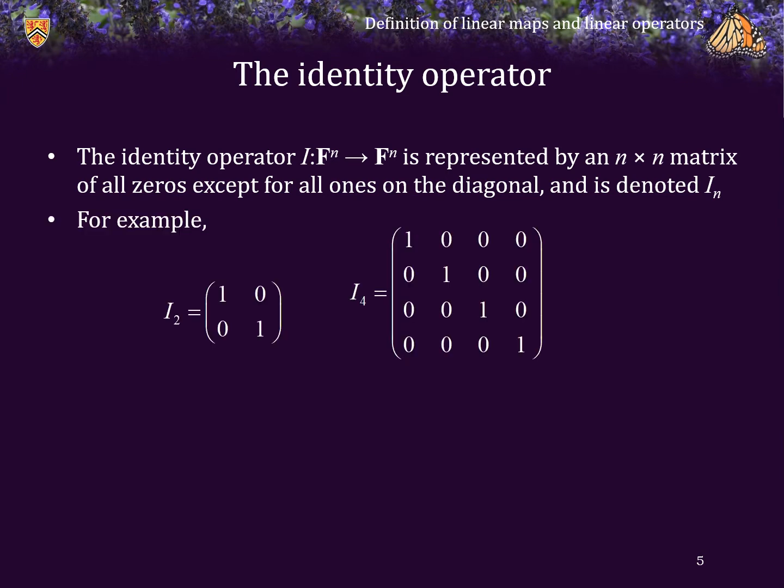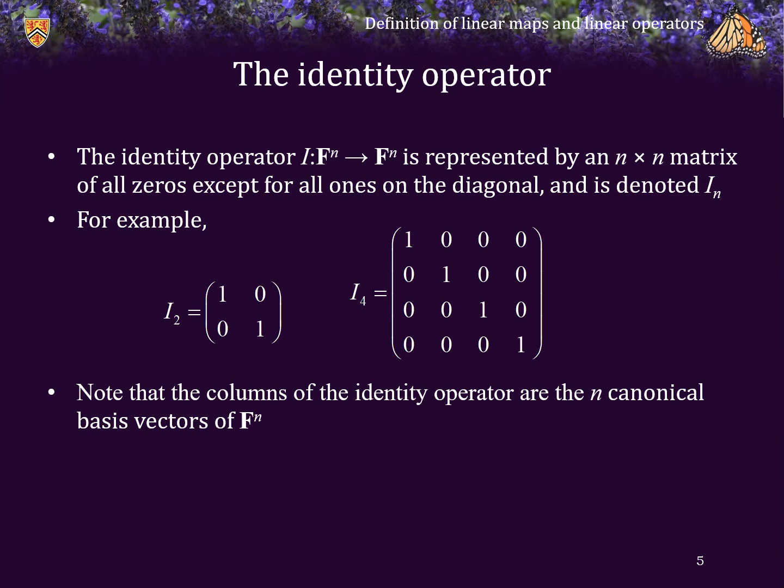So for example, here we see the identity operator mapping R^2 onto R^2 or C^2 onto C^2, and the identity operator that maps F^4 onto F^4. Note that the columns of the identity operator are the n canonical basis vectors of F^n.